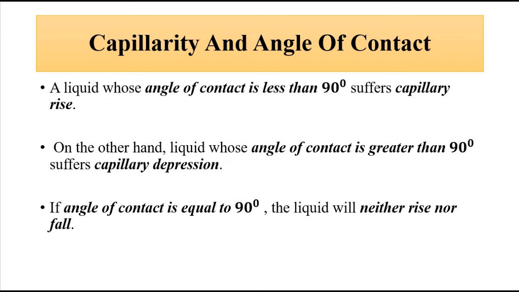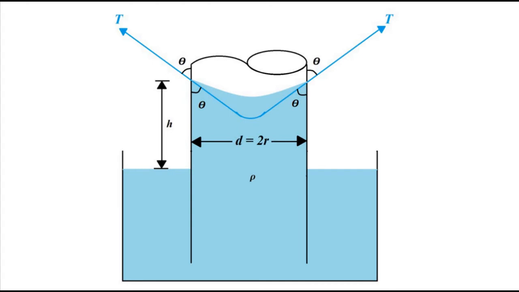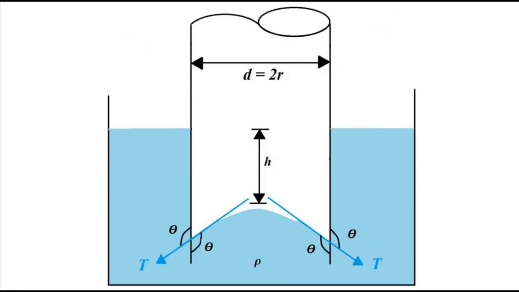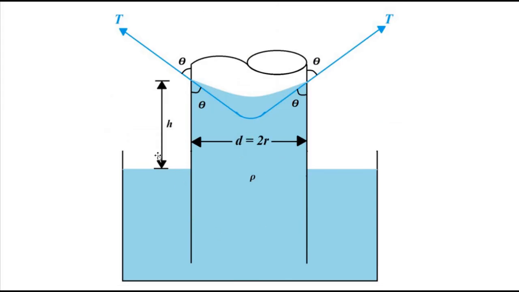So we will consider both the cases where there is a rise of liquid in the tube and a fall of liquid in the tube. Here we have considered that we have placed a tube of radius r, diameter 2r, in a liquid of density rho.